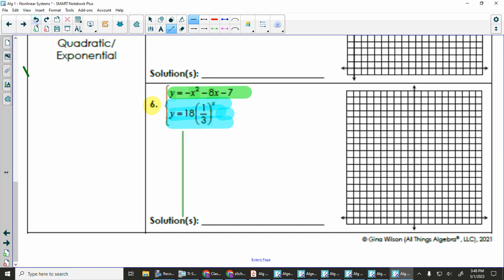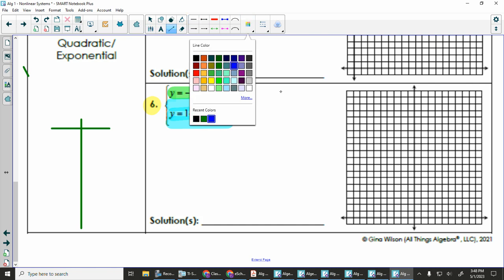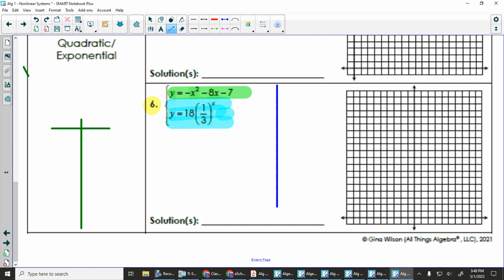I think I might need a little bit more room, so I'm just going to put it over here. Okay, and we'll need one for our blue graph as well. All right, we're going to have our x's and our y's.